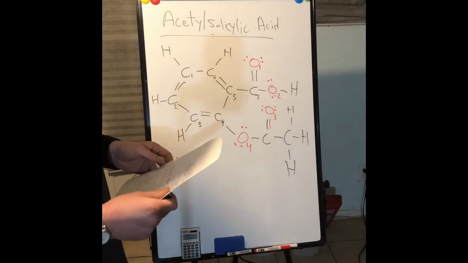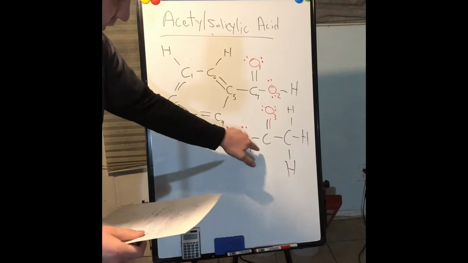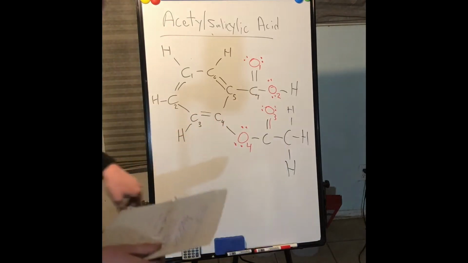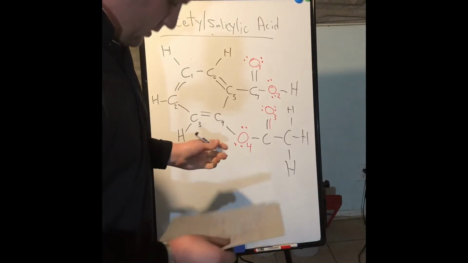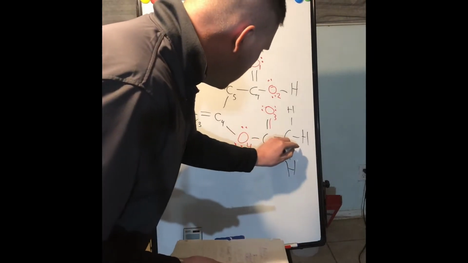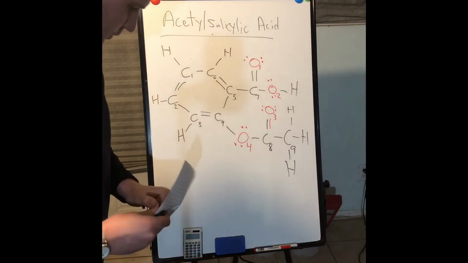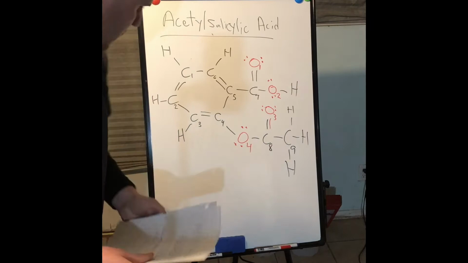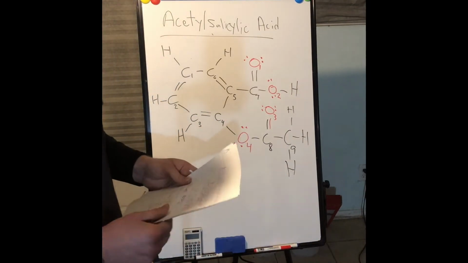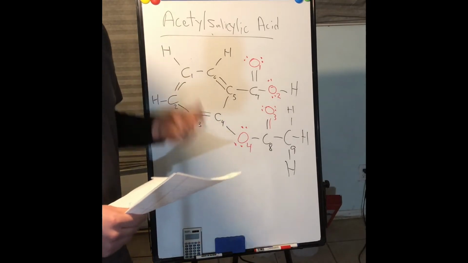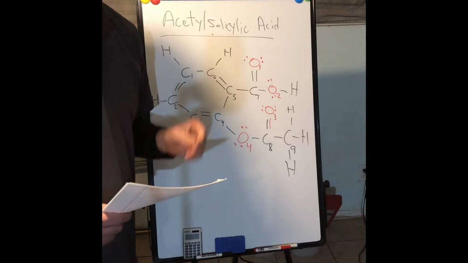Here we have the structure for acetylsalicylic acid, and if we want to know what the geometry of each particular atom is, we can calculate the steric number. I am just going to put those little subscripts there to differentiate between the carbons. If the steric number is 2, the hybridization is sp, and the geometry is linear.